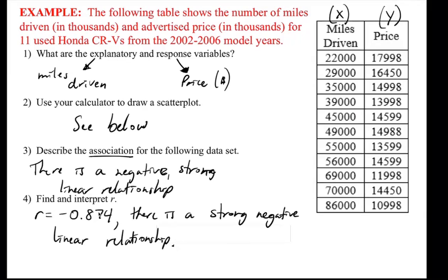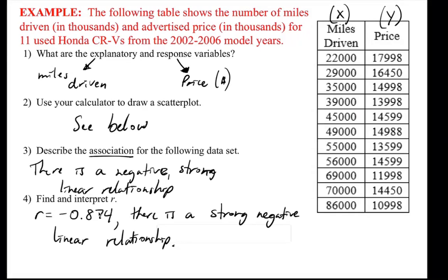If you're changing the oil a few times a year at least, if you're taking care of it, those things. But what R squared says is 76.4% of the reason why the price is what it is has to do directly with how many miles you've driven it. Okay, that's what that means.